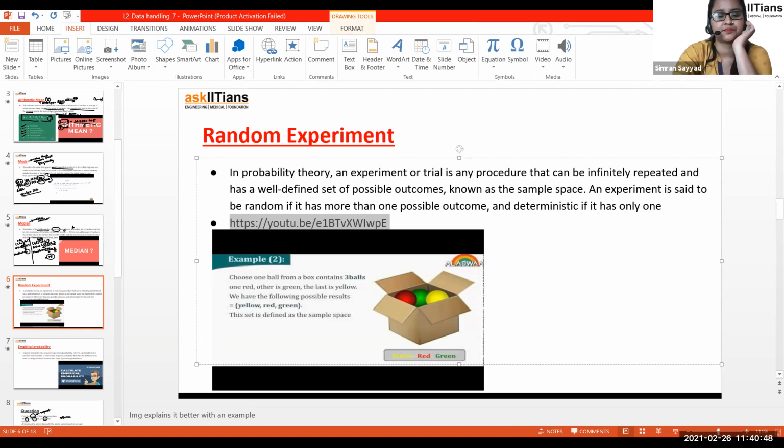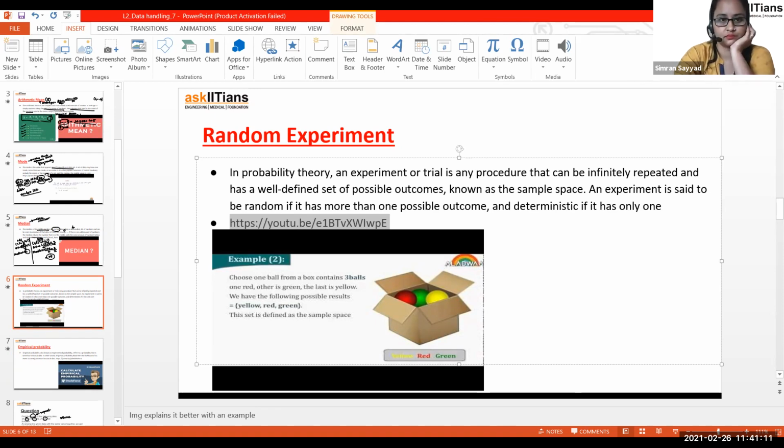Lesson 2, Probability and the Random Experiment. Tossing a die. Tossing a die once. Read the number on the upper face. The following possible results: a set of 1, 2, 3, 4, 5, and 6.